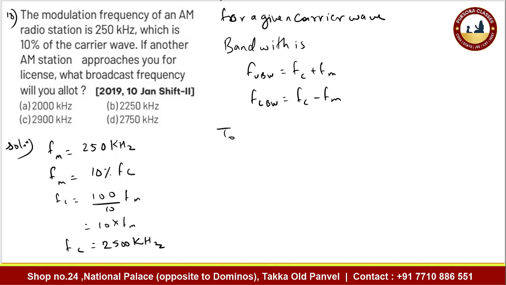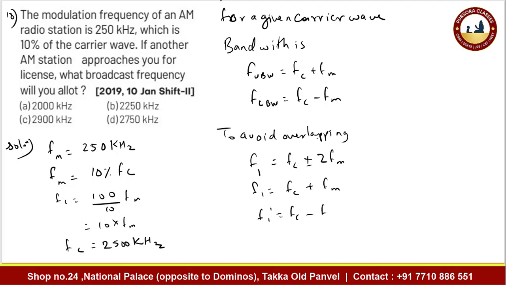To avoid overlapping, we can take the frequency as FC plus or minus 2 FM, so we can make it twice. So F1 will be FC plus 2 FM, and F1 dash will be FC minus 2 FM.